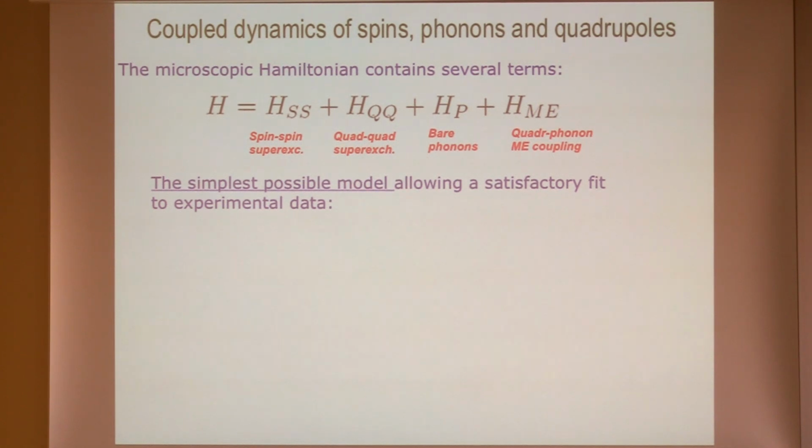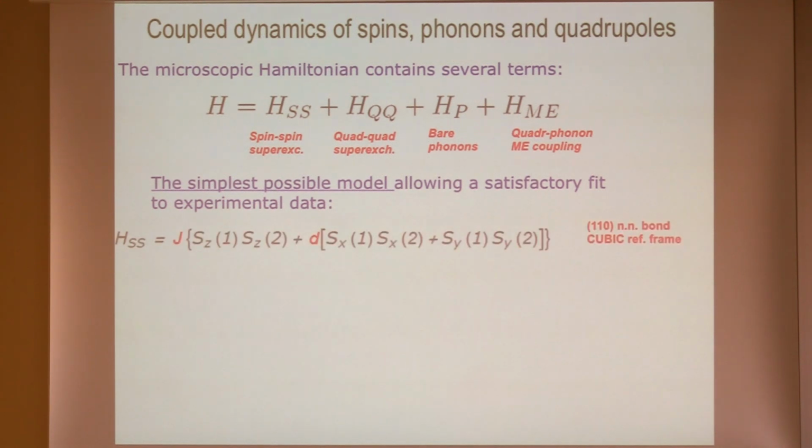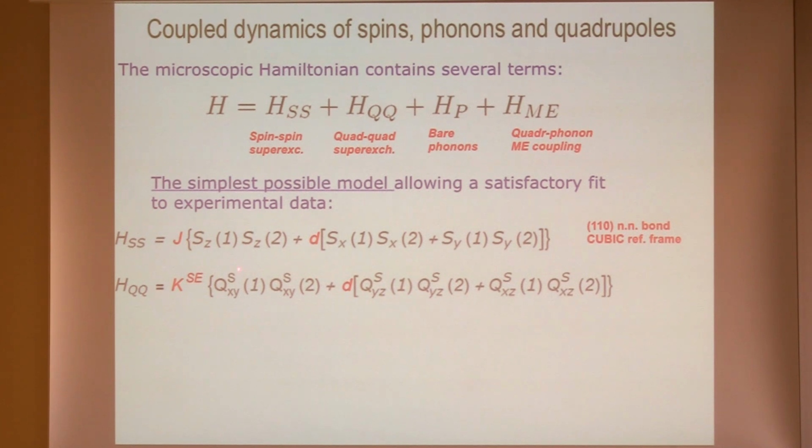So the Hamiltonian must contain a spin-spin and a quadrupolar superexchange interaction, then the bare phonons, and the quadrupole-phonon magnetoelastic coupling. The simplest possible model, because you don't want to have too many parameters, must include 2 parameters for the dipole-dipole superexchange in order to allow for an anisotropy, 2 other parameters for the quadrupolar superexchange, and no parameters for phonons if you have the experimental data and you fit them with the rigid ion model.